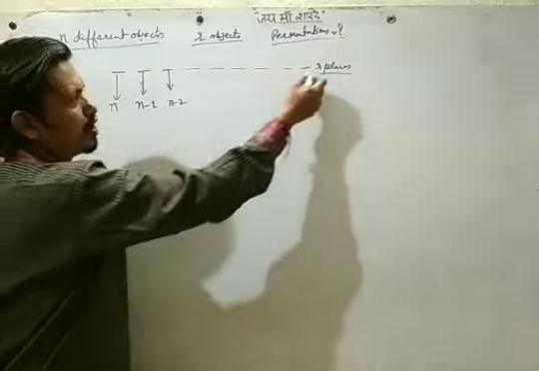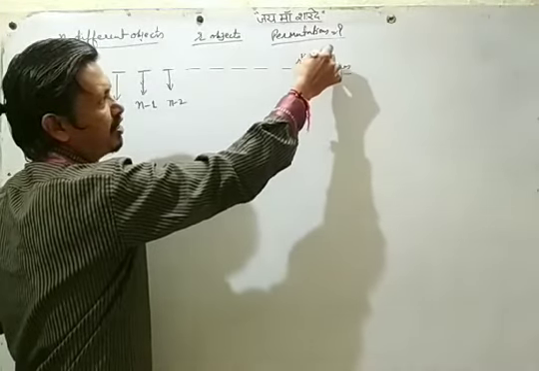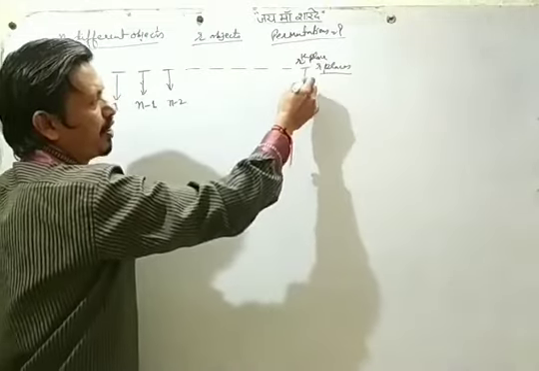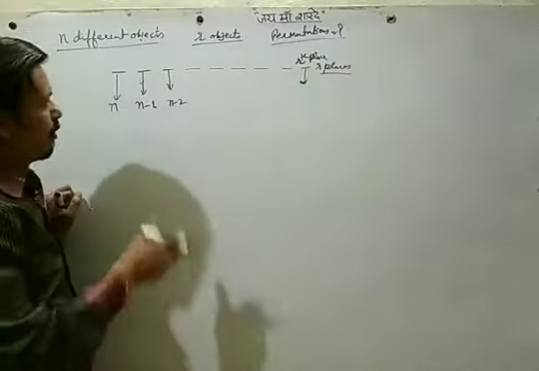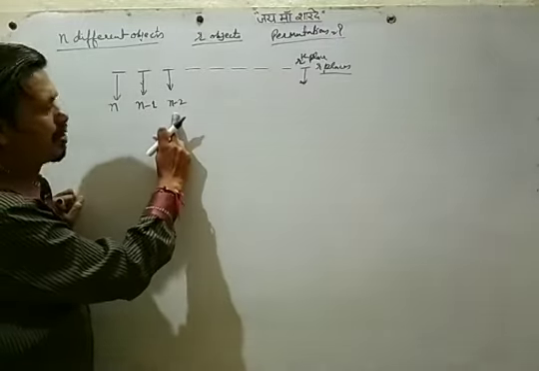Like this if you go on, in how many ways can the rth place be filled? The first place is filled in n ways, the second place in n minus 1 ways, the third place in n minus 2 ways.